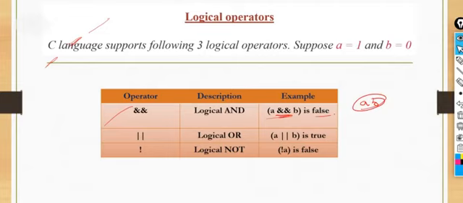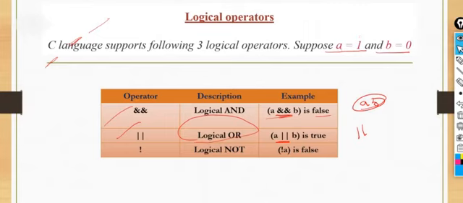So OR is the other logical operation, and it is denoted by two separator symbols. On the basis of what are we saying these are true or false? We have supposed the values of A and B for the example here.